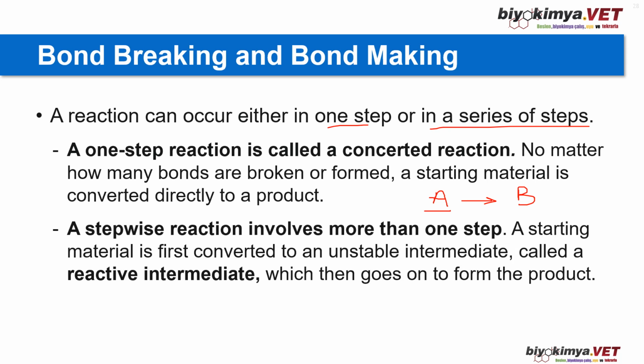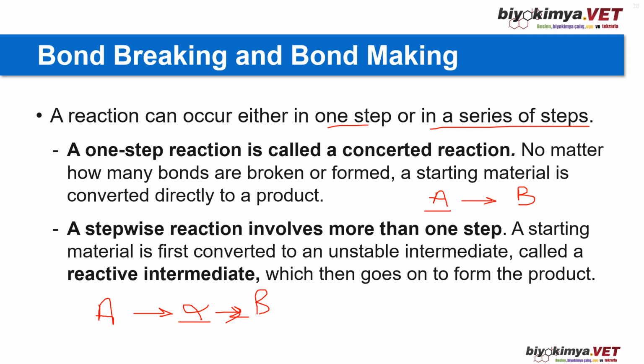A stepwise reaction involves more than one step. A starting material is first converted to an unstable intermediate called a reactive intermediate, which then goes on to form the product. This means we have a starting material A. We first convert it to, for example, alpha, an intermediate, and then alpha is converted to B. So this is a reactive intermediate.